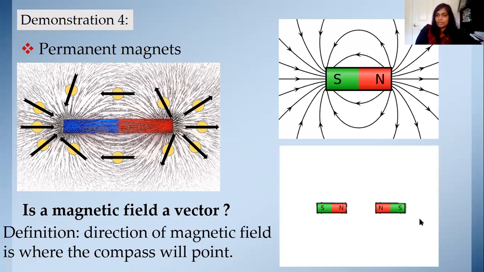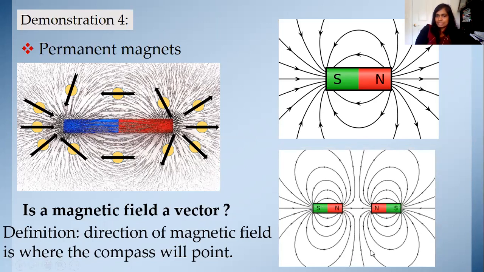Now, what happens if I bring two magnets close to each other, like in this one? I have a north pole and a south pole, and a south pole. Each magnet will create magnetic field lines like this, right? As they are together, these magnetic field lines cannot cross each other, so they arrange nicely in this pattern, very similar to the electric field lines. The only difference is the direction.